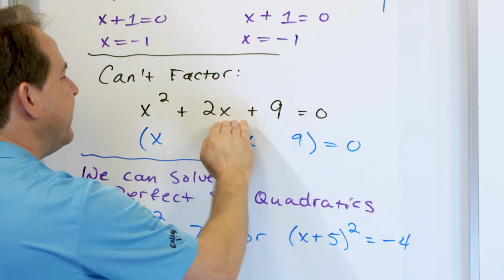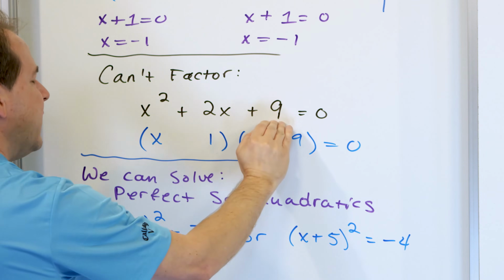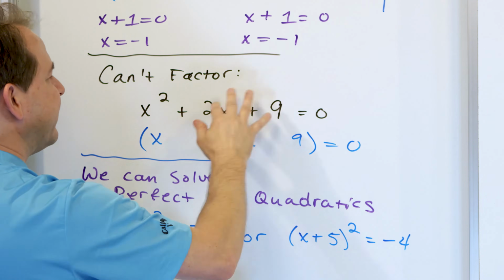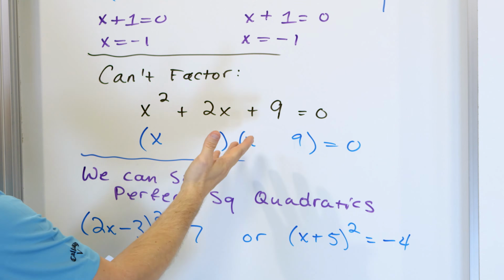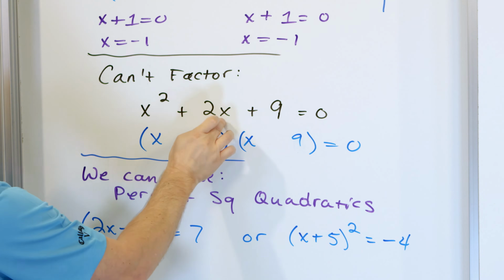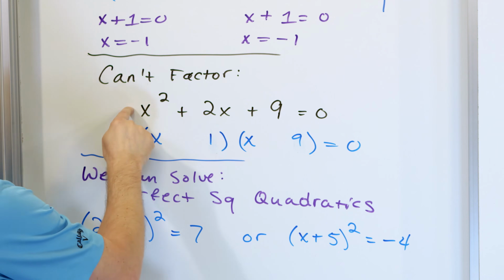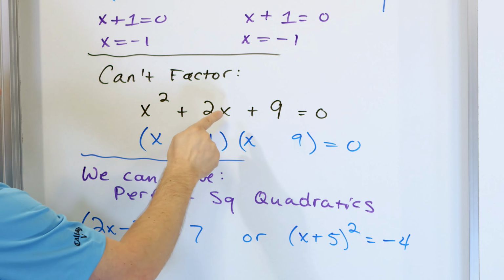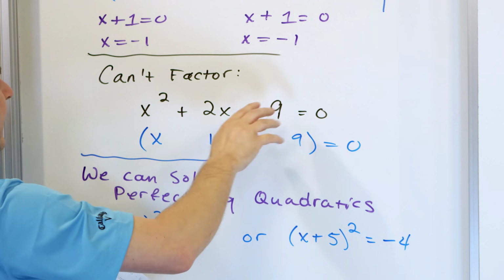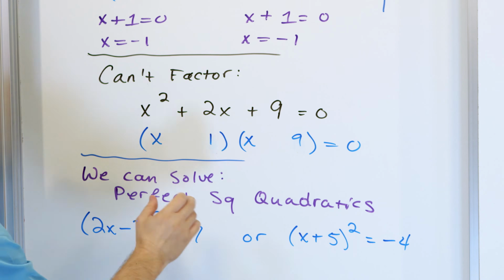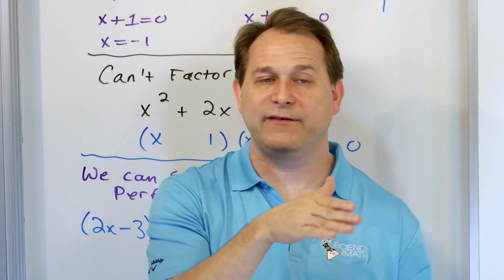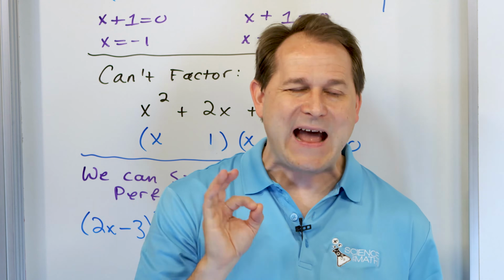But you do not know up until this point in algebra how to solve this because you cannot factor it and you cannot take the square root of both sides to neatly reveal the variable because the variable's in 2 locations with different powers. So what we're going to do is learn a technique that can take any equation like this. It doesn't have to be this one. It can be any polynomial, any quadratic, and change it to look like a perfect square quadratic, which means I can just take the square root of both sides. That is really important.